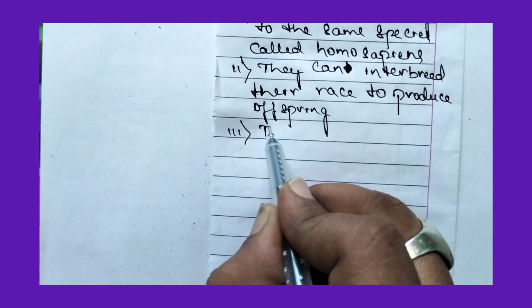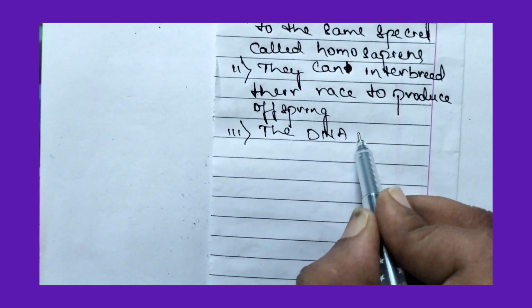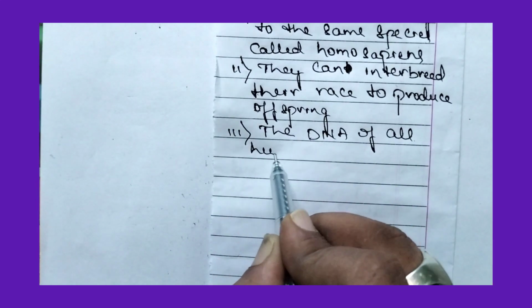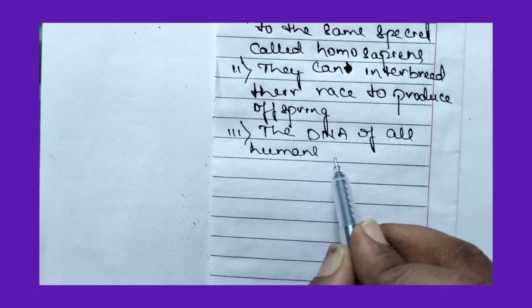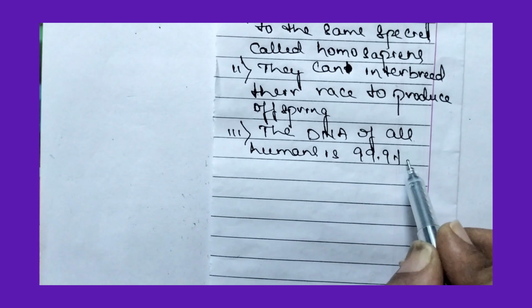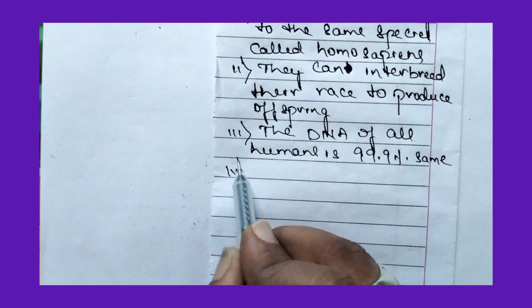Then coming to the next point, the DNA of all humans is 99.9% same. This is the third point.